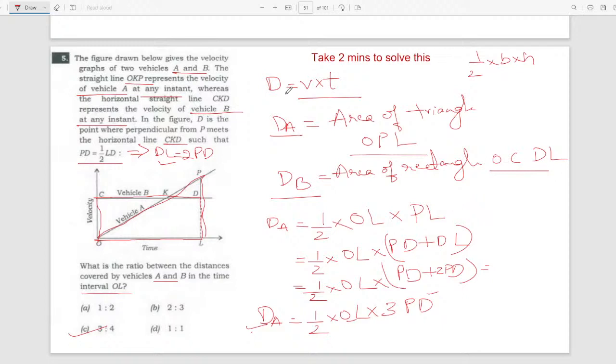I'll be happy to clear your doubts. There is no harm in asking. UPSC is asking these kinds of questions, so it is getting tough.